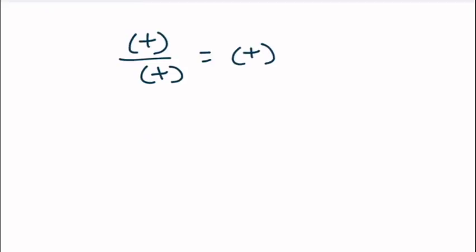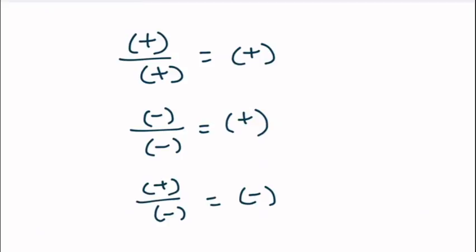So our first rule is that positive divided by positive is equal to positive. That's the same as multiplication. Negative divided by negative is also equal to positive. And you guessed it, positive divided by negative is equal to negative, and negative divided by positive is equal to negative.